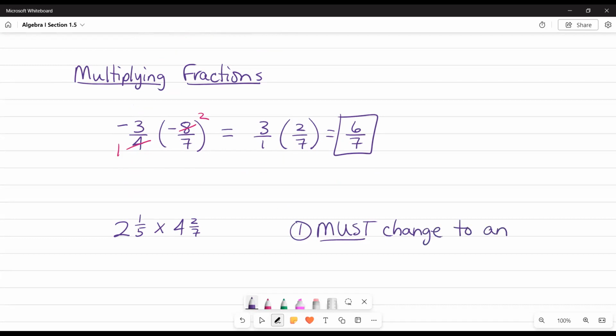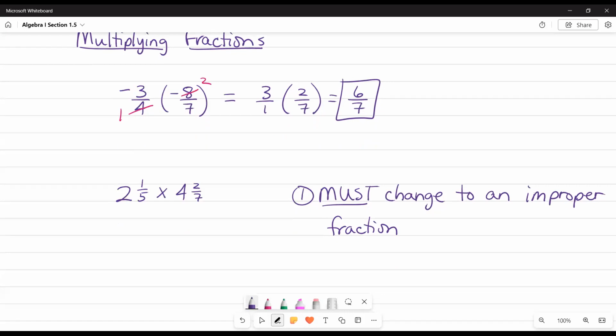To an improper fraction. We do that by multiplying the denominator times the whole number, and then we add the numerator to it. So this is 10 plus 1 gives us 11 over 5. And 30 over 7.